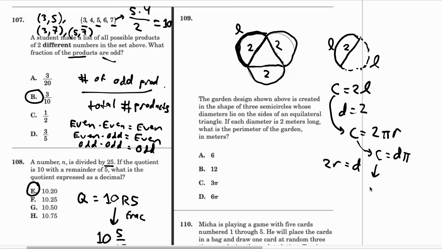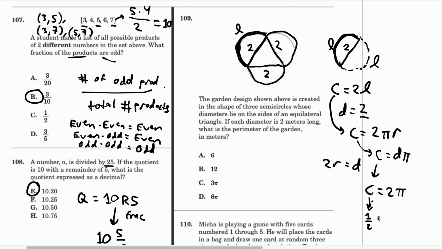And then the circumference, we know that the diameter is 2, so the circumference is just 2 times pi, right? Okay, so the circumference is 2 pi, and if the circumference is 2 pi, we know that this region here, this semicircle, is half of the circumference.